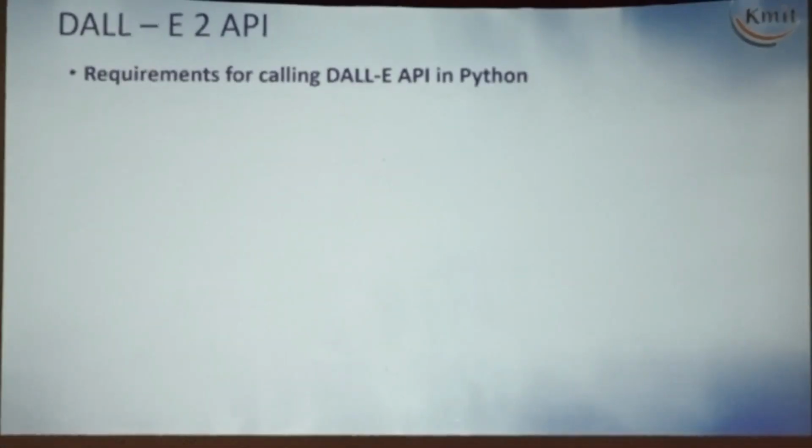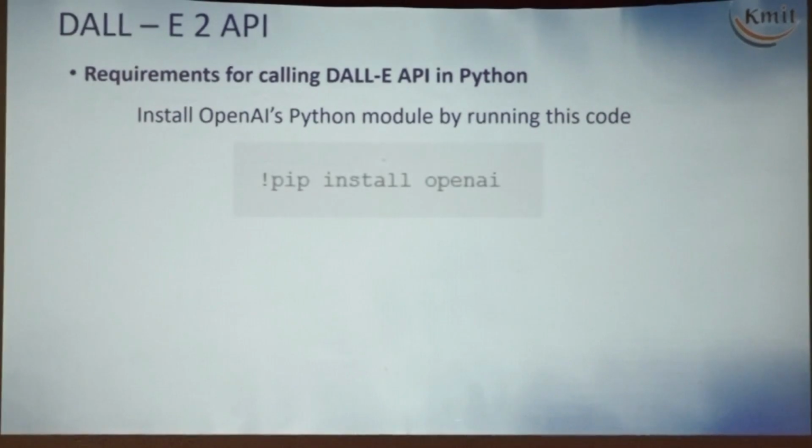Okay. Now, we have an API to use this. I think this morning we already discussed the API, how to import the OpenAI API, and how to install it. First we have to run pip install openai. I think we have done that. After that, what should we do?